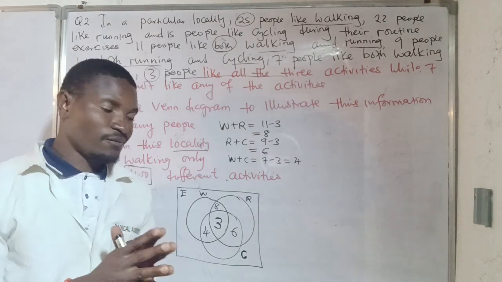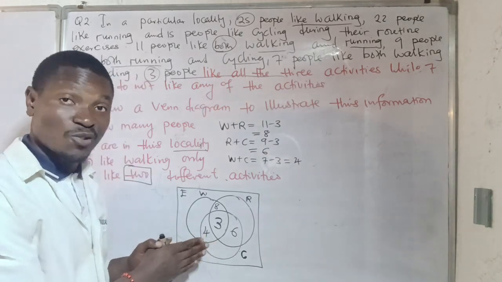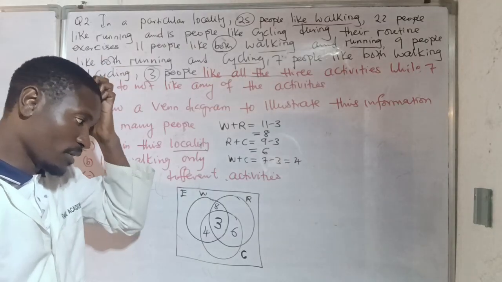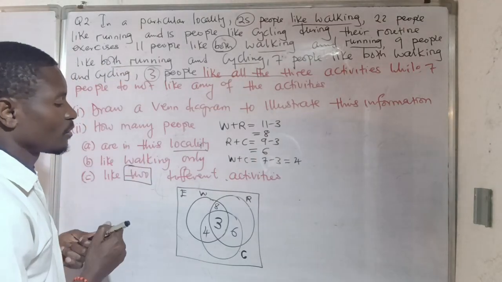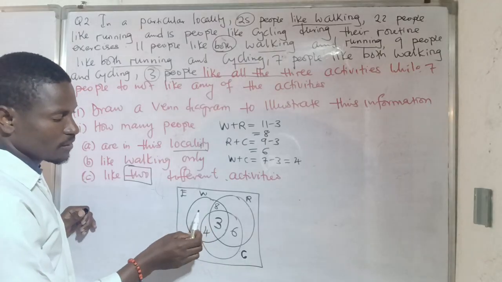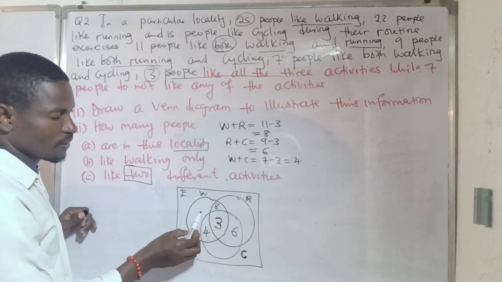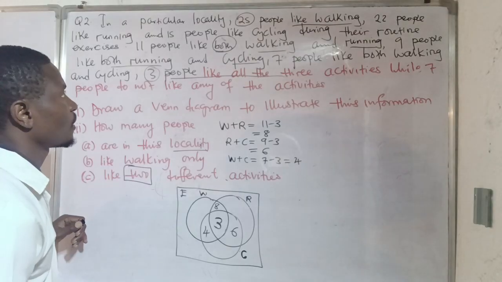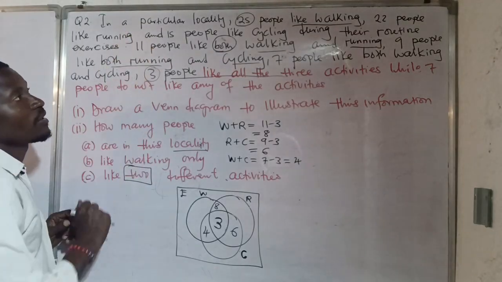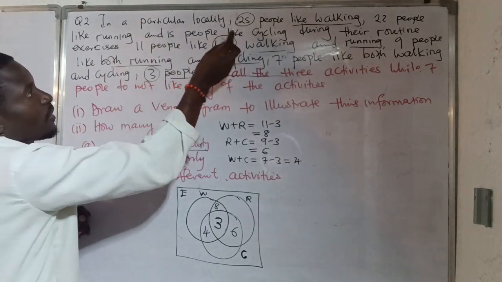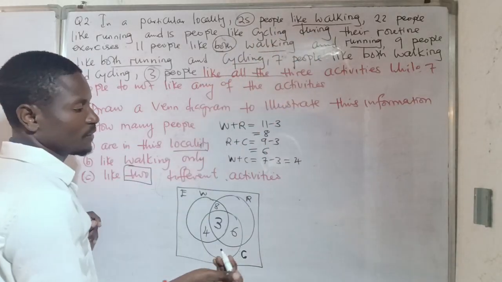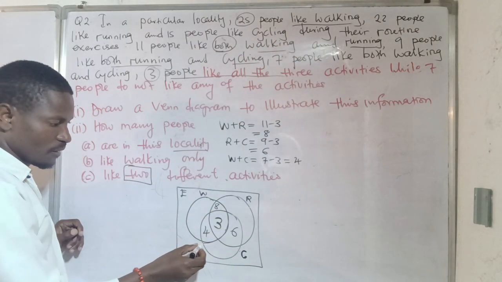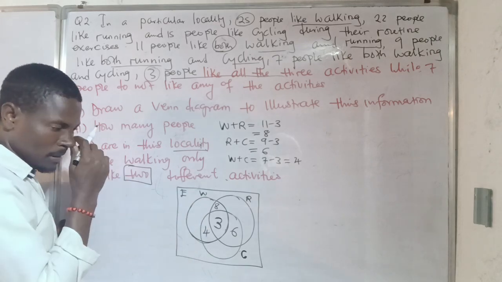Once you have reached this far, it becomes even easier to complete. Now we come to only walking, only running, only cycling. What are you going to do? You go back to the main statement. 25 people like walking, so the whole of this is walking.